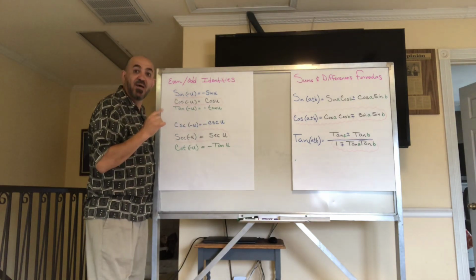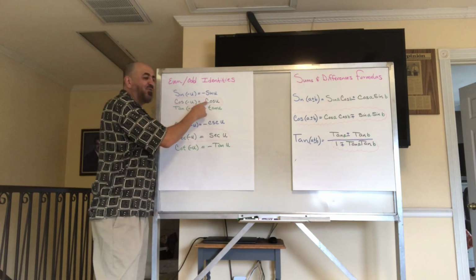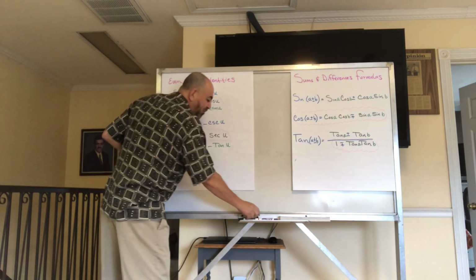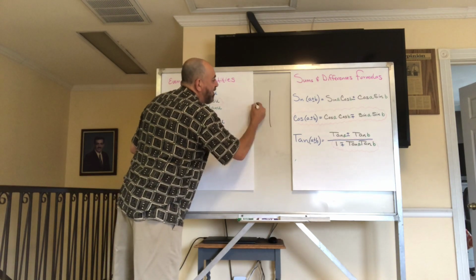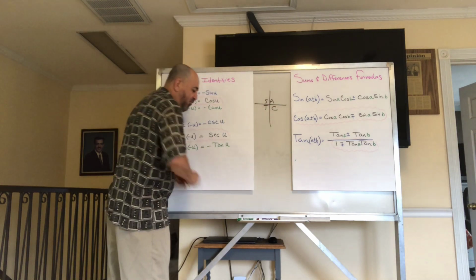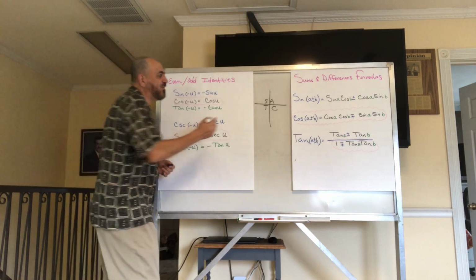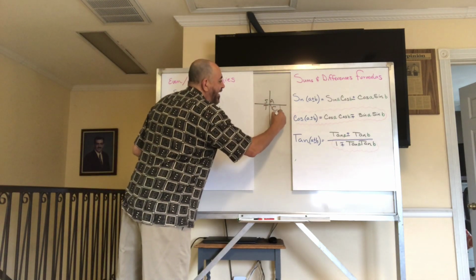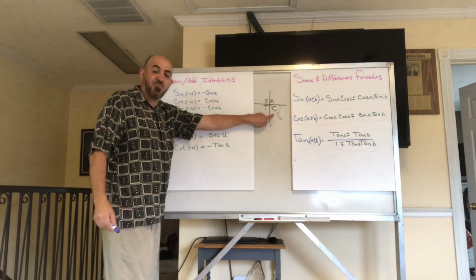Except for who? Yeah, that's right. Cosine. If you start with a negative, you end up with a positive. You will remember that cosine was not the one that followed the rule. When we said all students take calculus, and we went to the fourth quadrant because we had an equation with negative values, and if we went this way towards the negative, this is where cosine is positive.